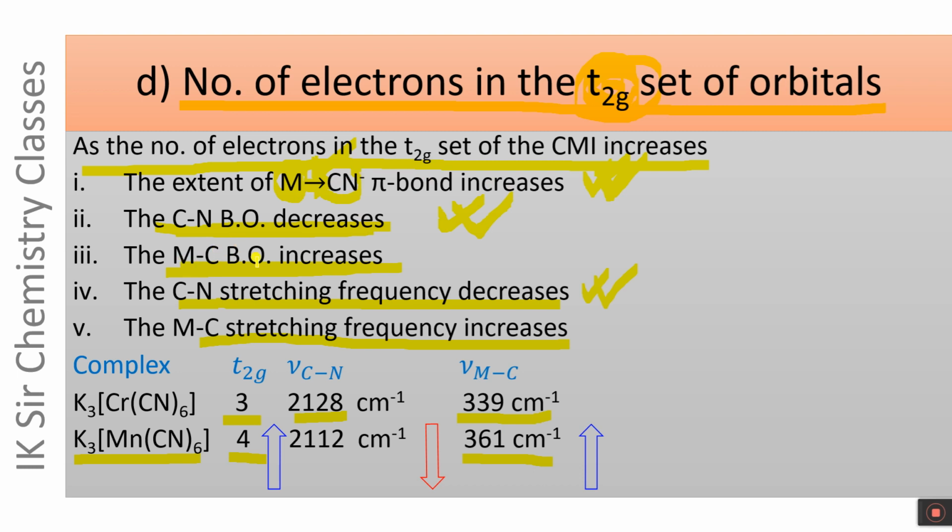But MC bond order increases due to formation of an additional bond. As a result, CN stretching frequency decreases due to decrease in CN bond order, and MC stretching frequency increases due to increase in MC bond order. And these facts have been explained with the help of these examples.